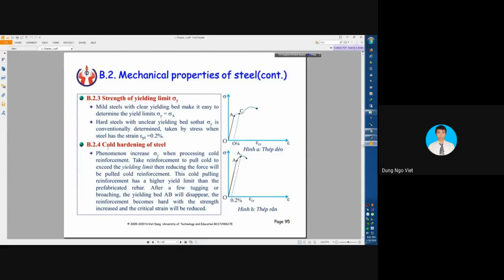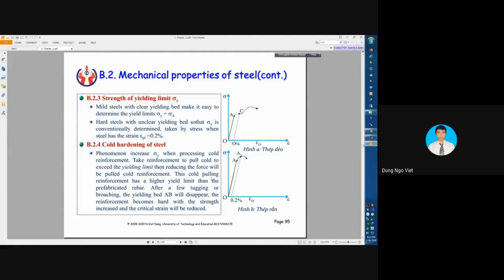Next one is the cold hardening of steel. Cold hardening is a phenomenon when we increase the sigma y, the yielding stress or yielding limit. It will increase when processing cold reinforcement. If we pull the reinforcement cold to exceed the yielding limits and then reduce the force, this is cold pulled reinforcement.